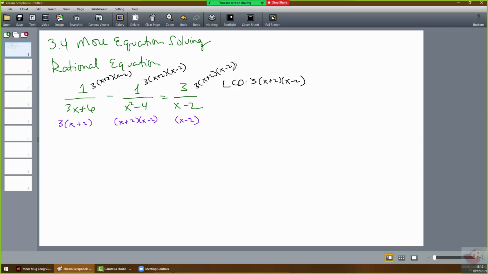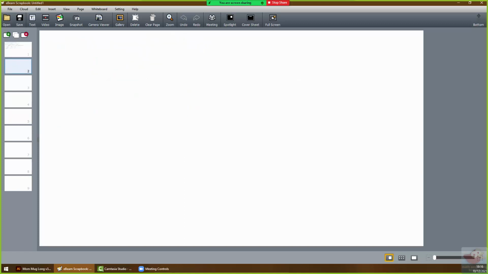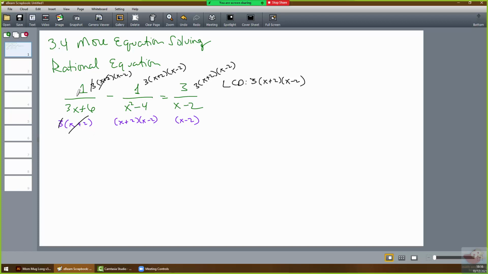So for the first fraction, what cancels? The 3 in parentheses x plus 2. Excellent. So notice we would be left with the 1, which doesn't make a difference, times x minus 2. So I'll just say x minus 2. Minus comes from the original problem.